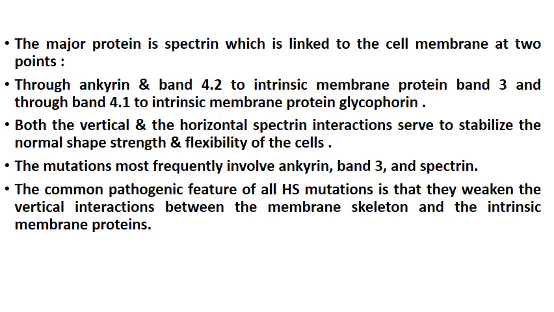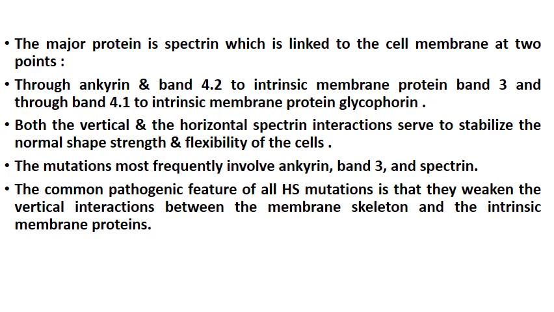Here is how the spectrin is linked to the cell membrane. First through ankyrin and band 2 to the intrinsic membrane protein band 3, and through band 4.1 to the intrinsic membrane protein glycophorin. We will see this in detail in the next picture.